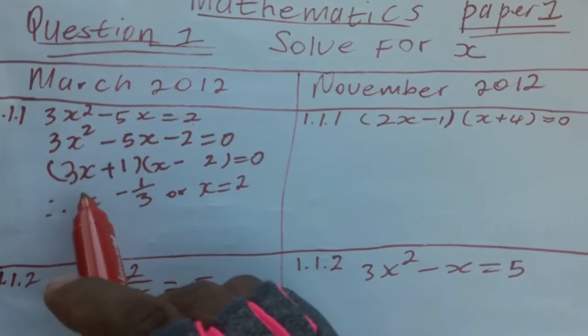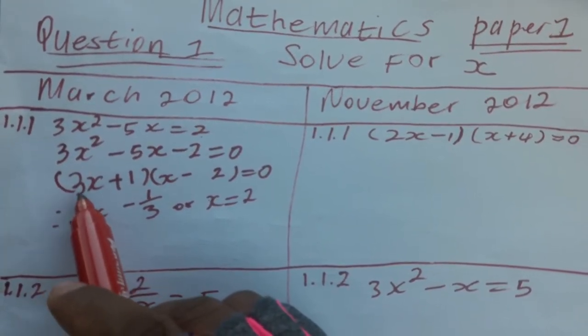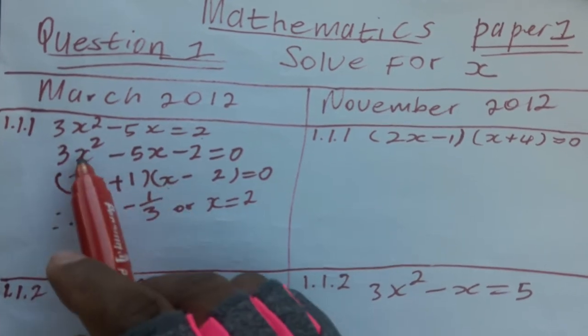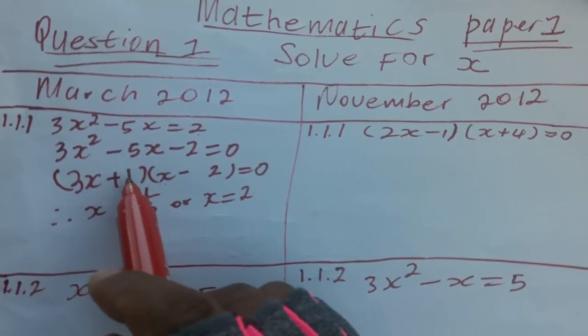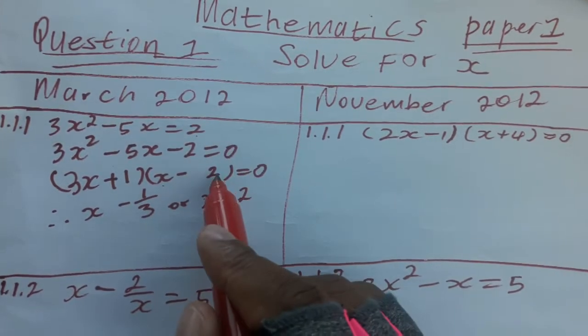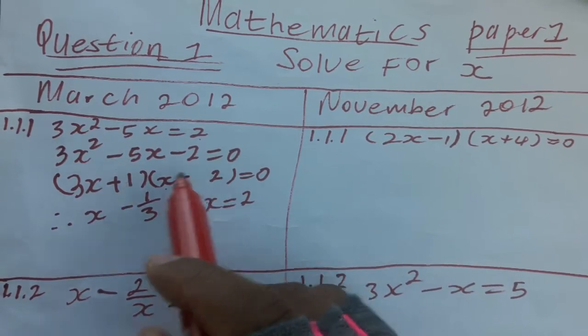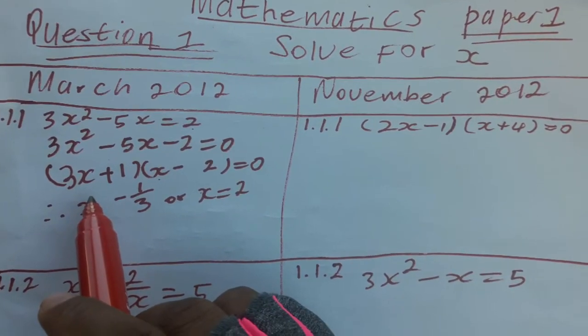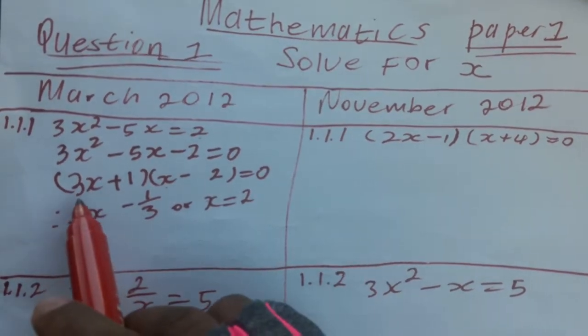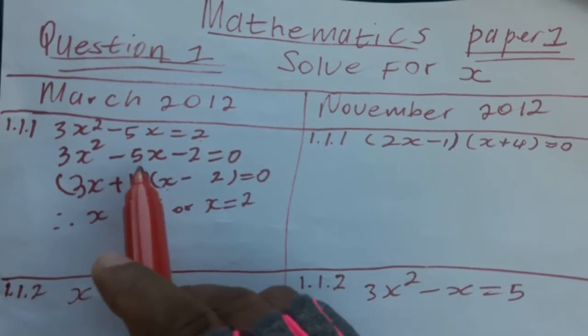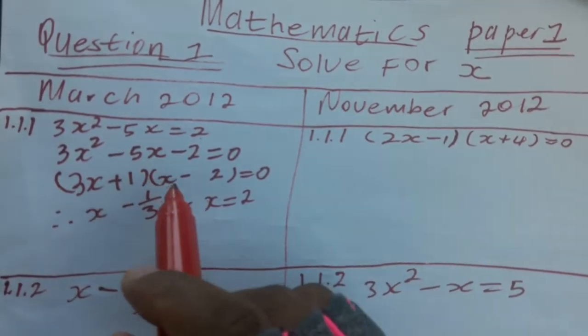Okay, 3x times x, it's 3x squared. 1 times negative 2, it's negative 2, and then 2x minus 2 plus 3x, that's negative 5x right there.